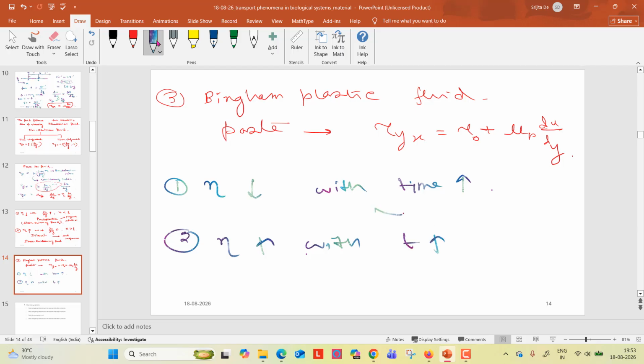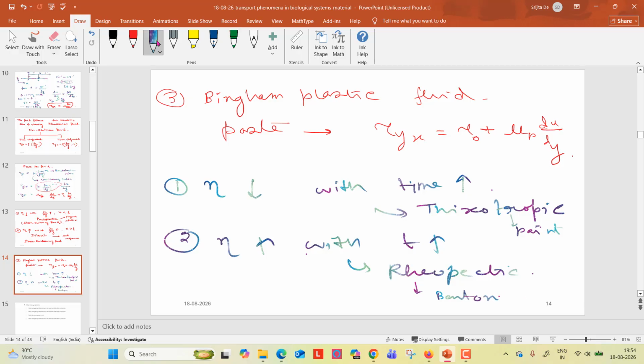The first one is called thixotropic and the second one is called rheopectic fluid. What are the examples? The example is paint, which you put on the walls of your house, and the bentonite solution.